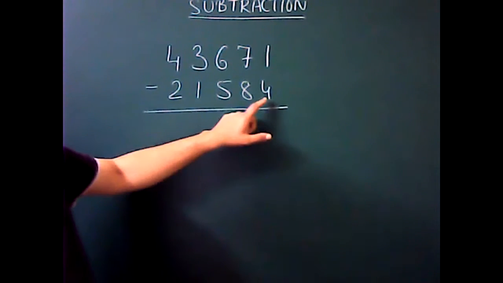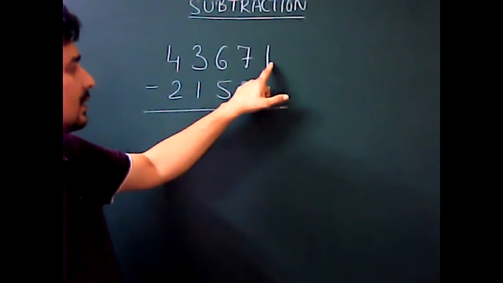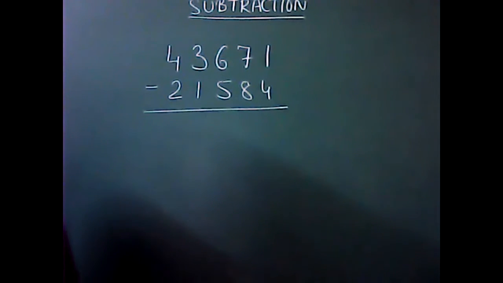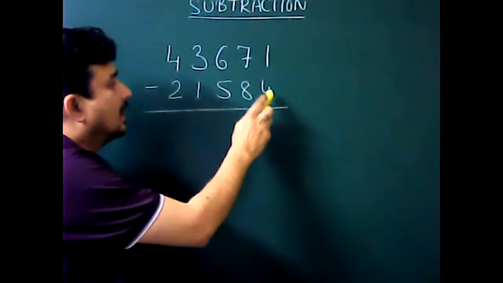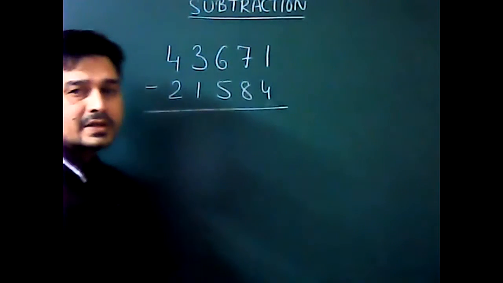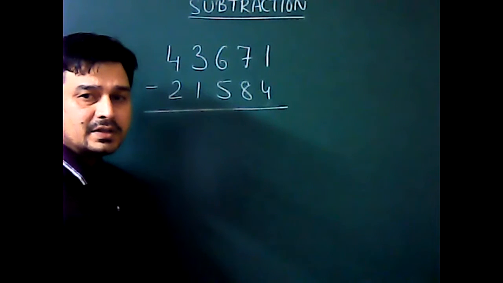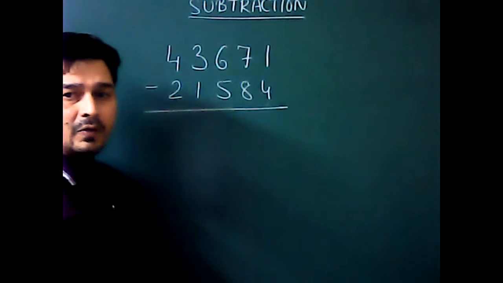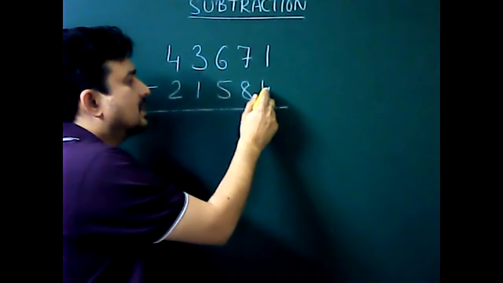When the digit written below is greater than the digit from which it has to be subtracted, we take the best friend of this digit and add it to this number and put a dot to the next step, where the dot to the next step means that the next number has to be increased by 1. So the best friend of 4 is 6.